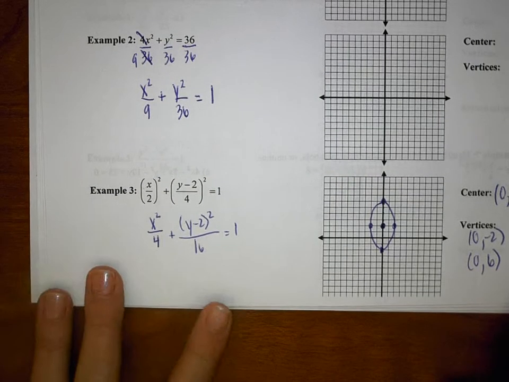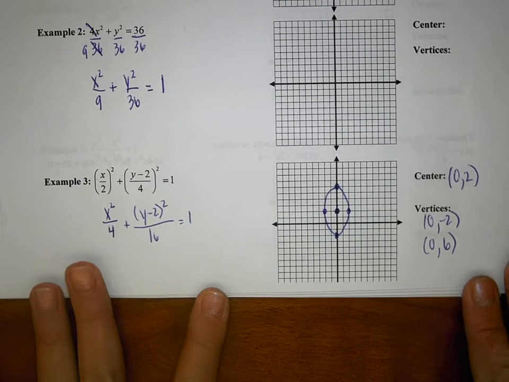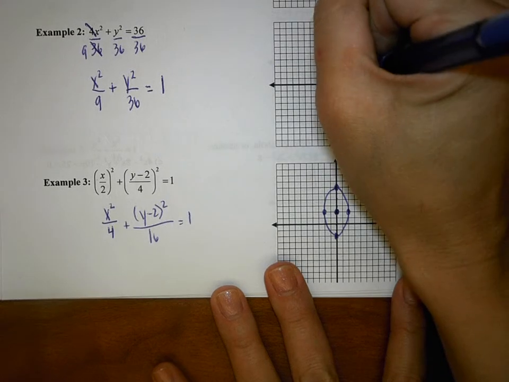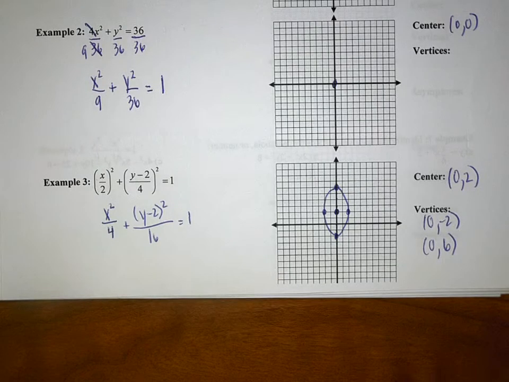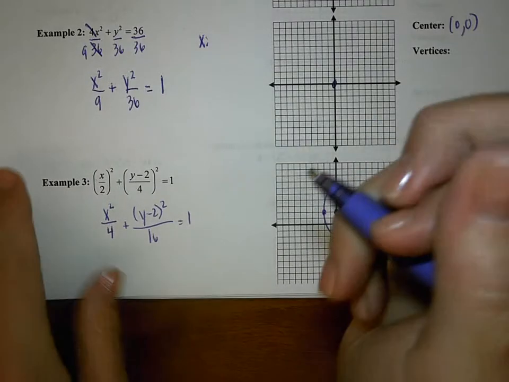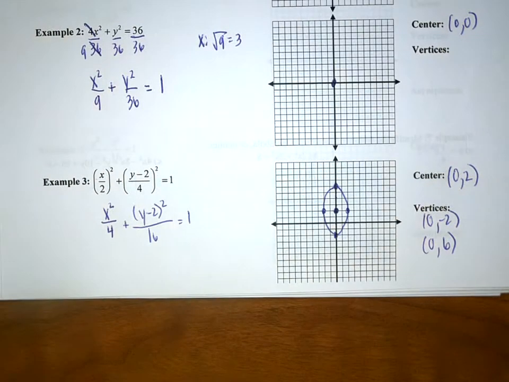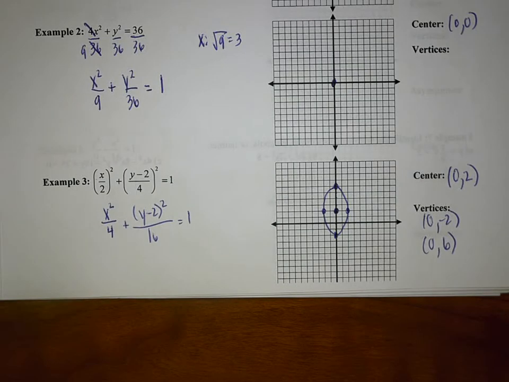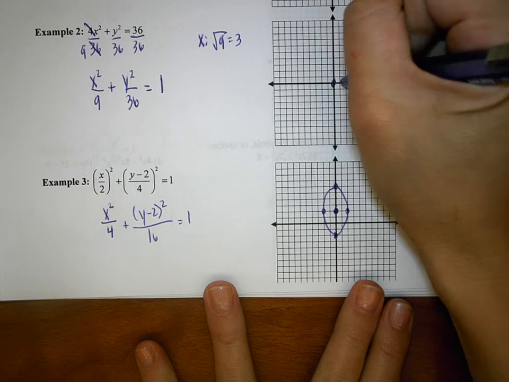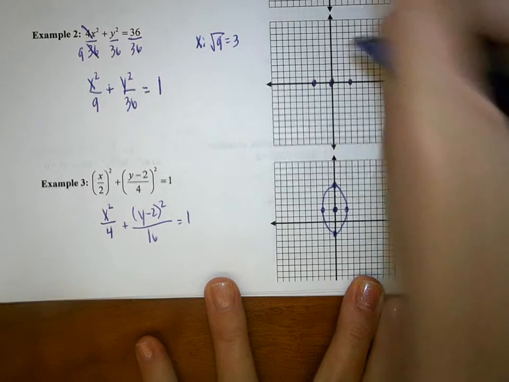Very good. And nothing is being added with the x or the y on top, so my center is 0, 0. And in fact, instead of doing a and b, I'm going to write here x. And what's going to be my distance on the x-axis? We're going to take the square root of 9, which is 3. So that means I'm going to go right 3 and left 3. From my center point, 1, 2, 3 to the right, and then 1, 2, 3 to the left.